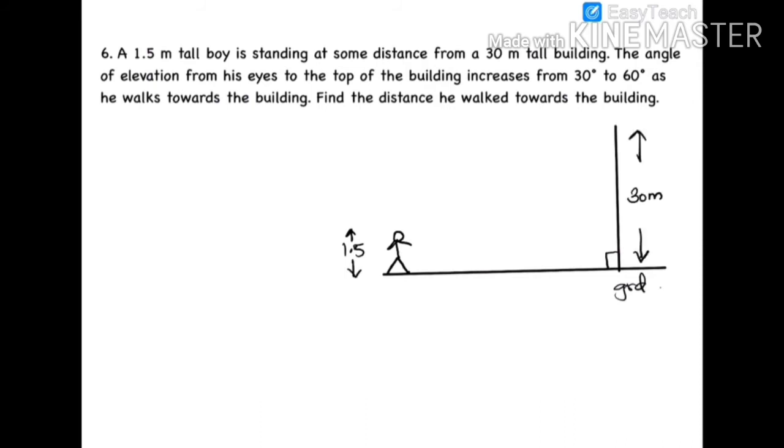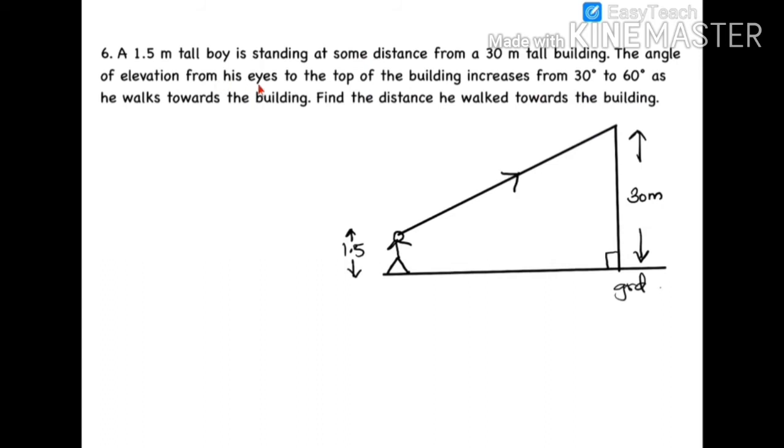So the height of this building is given as 30 meters. Let's read the next part of the question. The angle of elevation from his eyes to the top of the building. So this boy is looking at the top of the building. Let's join these 2 points using a line.